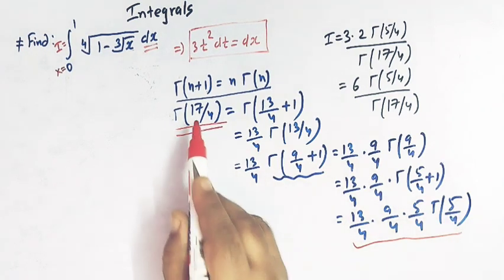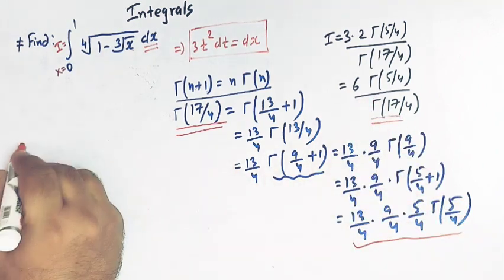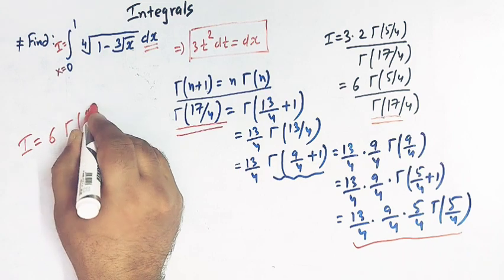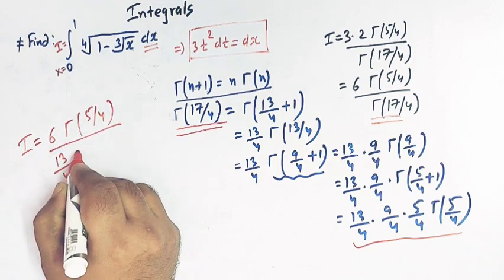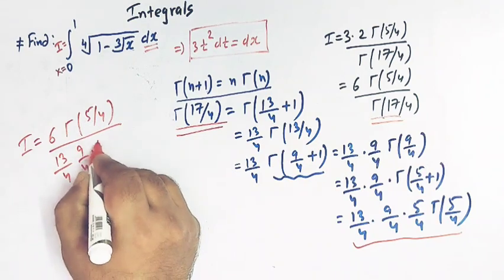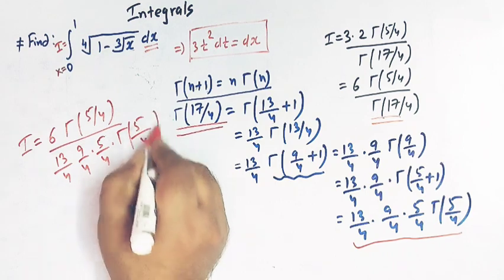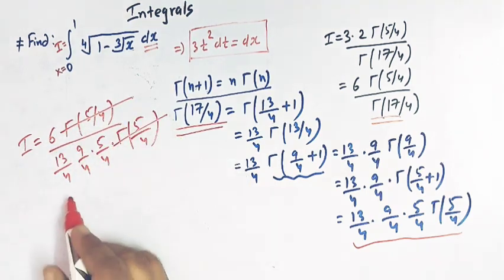So substituting the value of gamma(17/4) over here, the value of I is 6 times gamma(5/4) over 13/4 times 9/4 times 5/4 times gamma(5/4), right? So here gamma(5/4) and gamma(5/4) get cancelled.